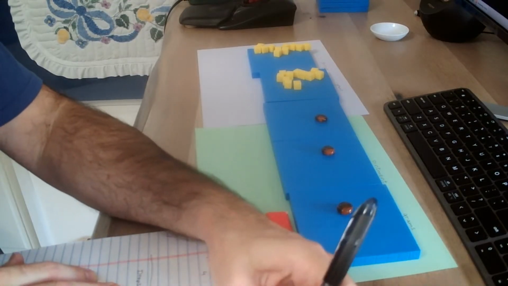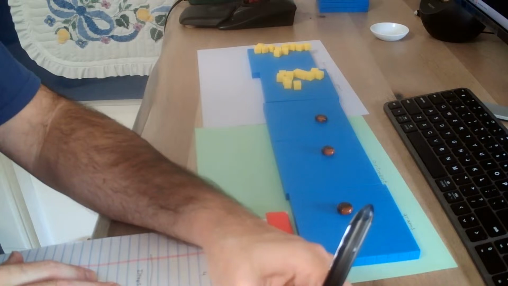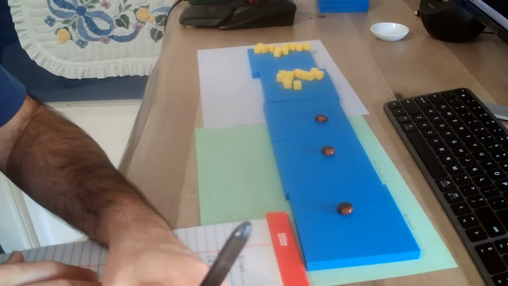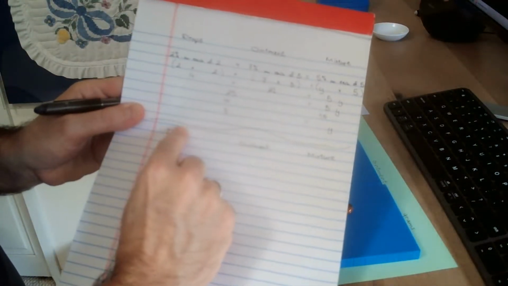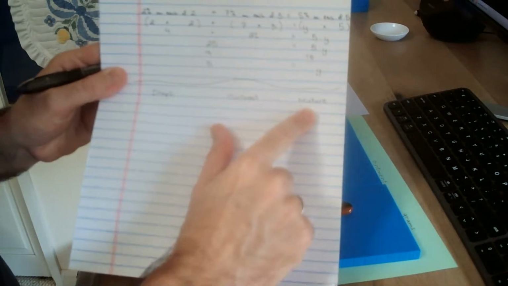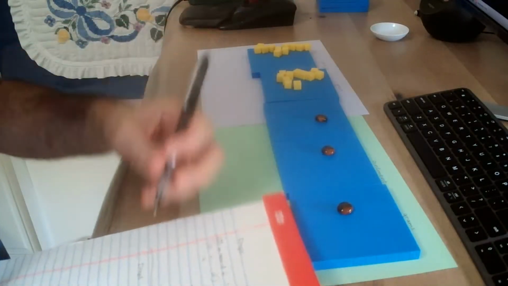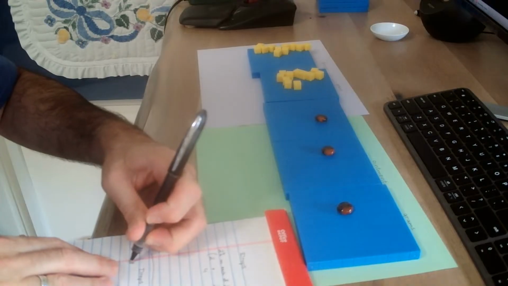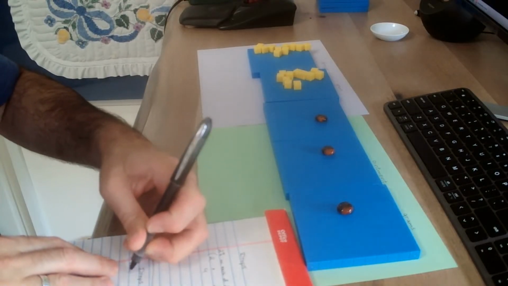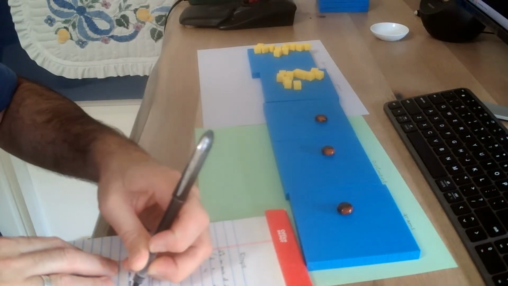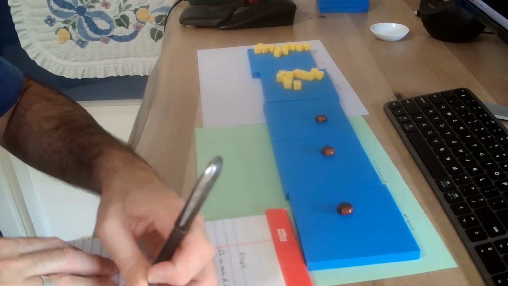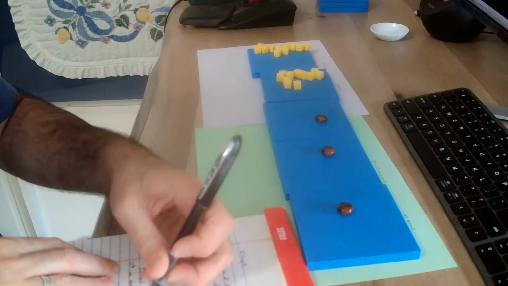Maybe I should even put mixture on the other side of the equal sign. Keep track of what's happening. Okay, I have my drops, my ointment, my mixture, and I'm going to be adding up 11% on each of 2, plus some amount I don't know, so I'll use a letter like y.